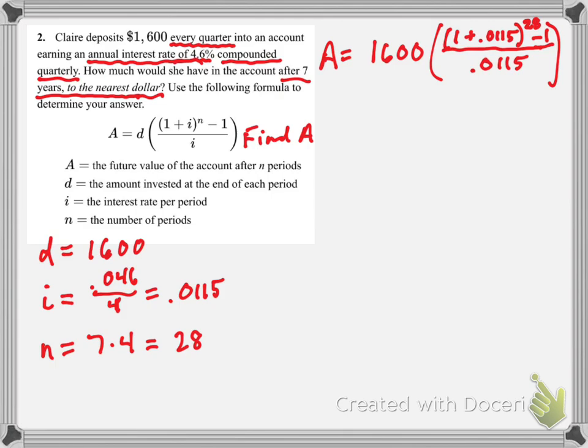Now you're going to have to hit the little caret, next to x squared, there's a little up arrow. You're going to have to hit that, and then it's to the 28th power. Then right arrow to get out of the exponent, and then put minus 1. Then tab to the bottom, 0.0115. Enter.